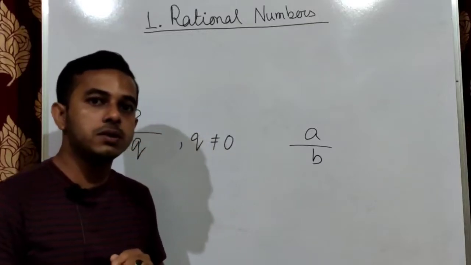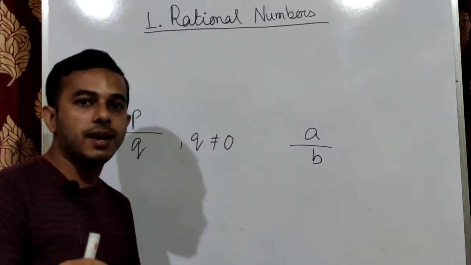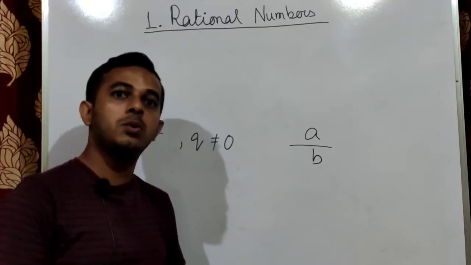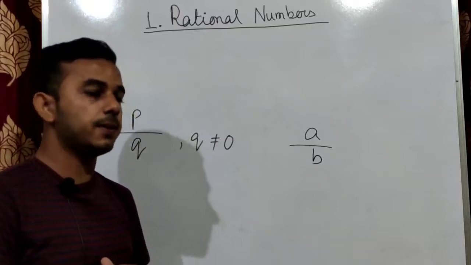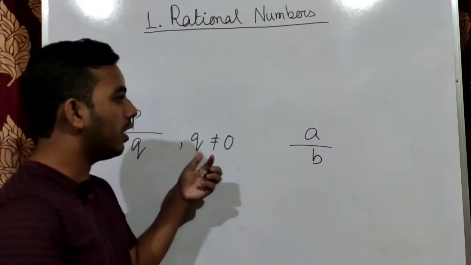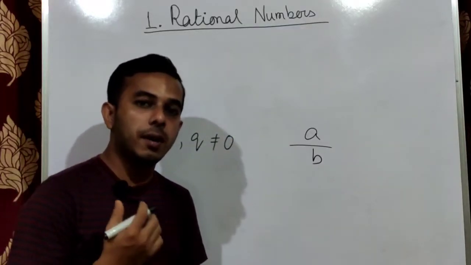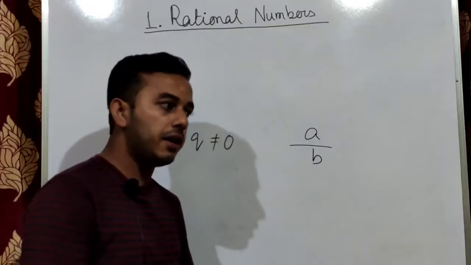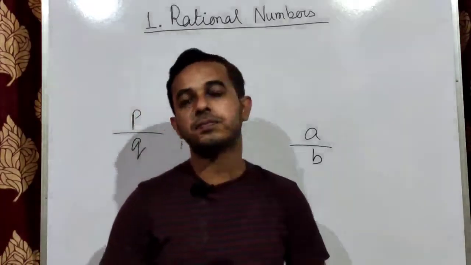Which are the whole numbers? The numbers which start from 0 and move towards the right side of the number line, that is 0, 1, 2, 3, and like this, which goes towards infinity, right? Okay, so the main difference of a rational number and a fraction is, in rational number the numbers are integers, and in fraction the numbers are whole numbers. Up to this clear?